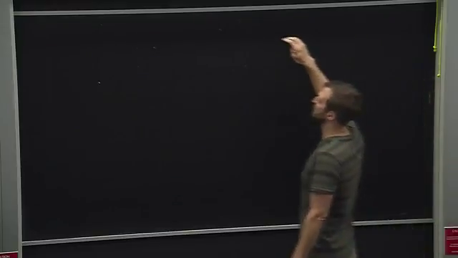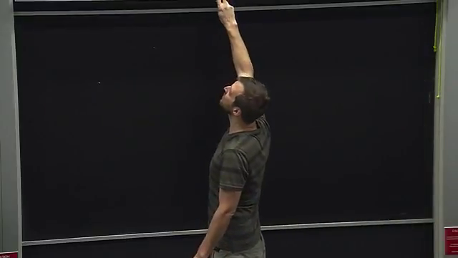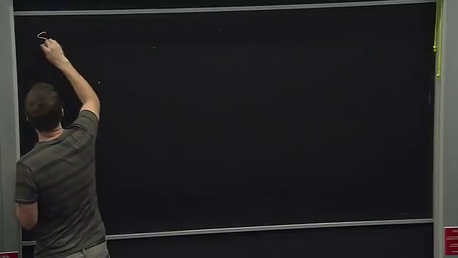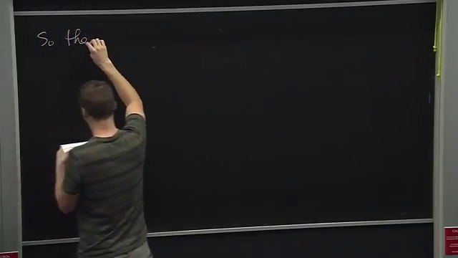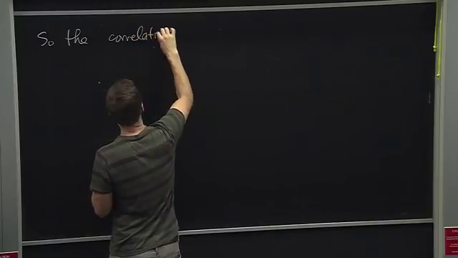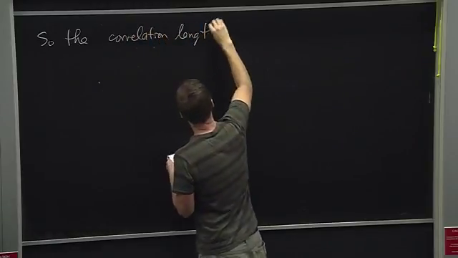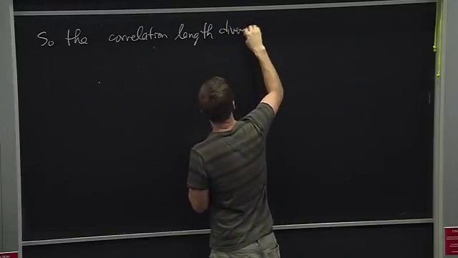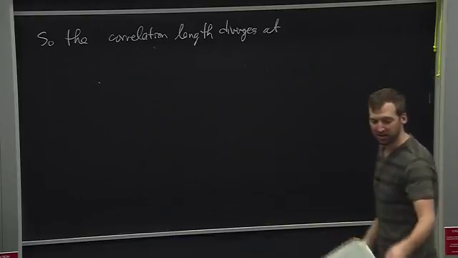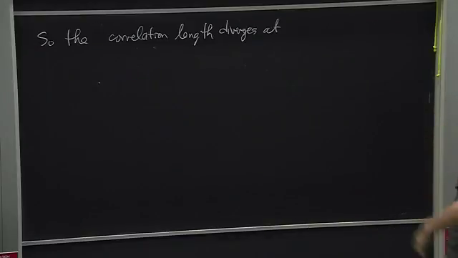Since I can't do simple subtraction, what else am I doing? Oh, I'm defining the correlation length exponent. This board sucks. Okay, so the correlation length exponent. The correlation length is the most important object in all of these analyses.